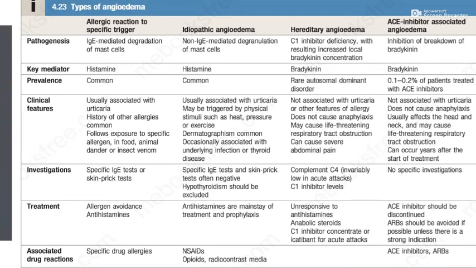Treatment of the allergic type is by allergen avoidance and antihistamines. In the idiopathic angioedema, antihistamines will be the mainstay of treatment and prophylaxis.